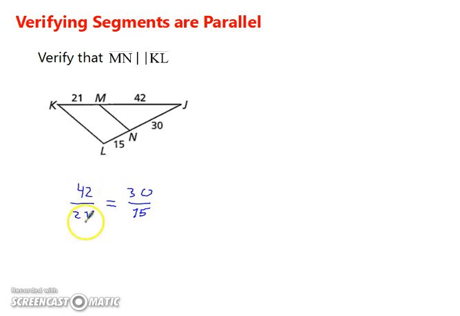If we simplify the first one, we end up with 2, and if we simplify the second one, we end up with 2 as well. Since they are both 2, we know that MN is in fact parallel to KL. Try this next one on your own.